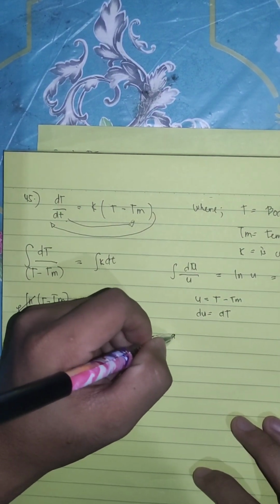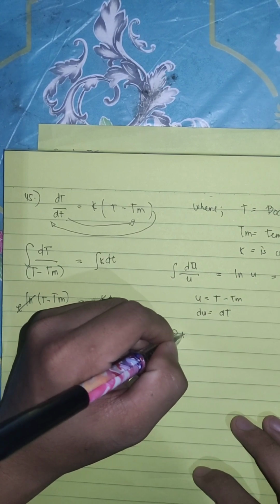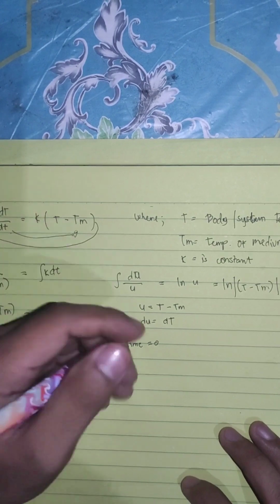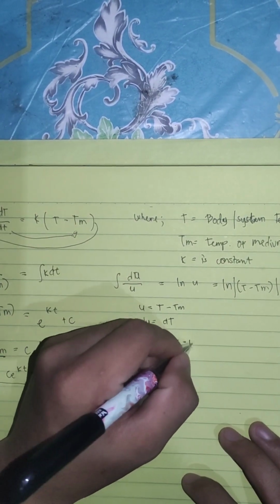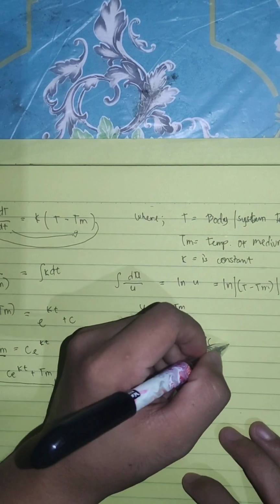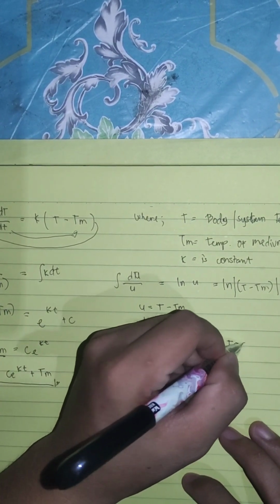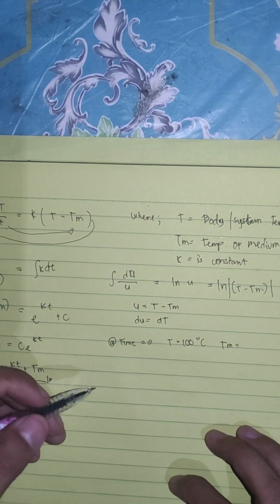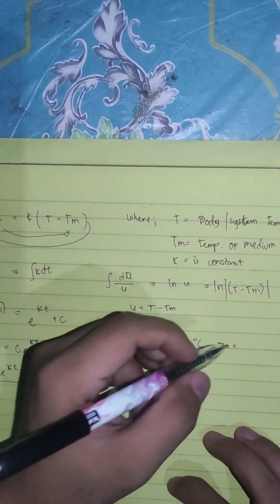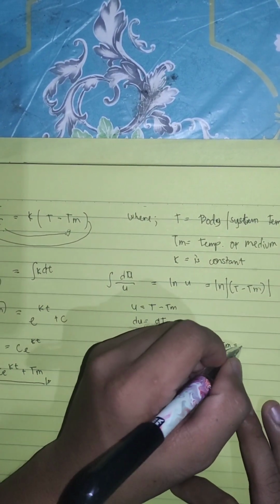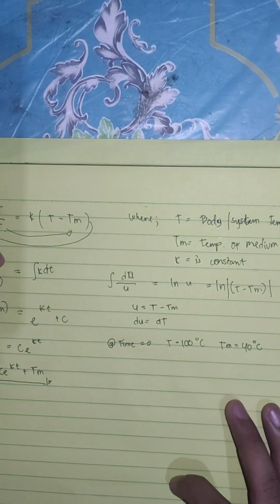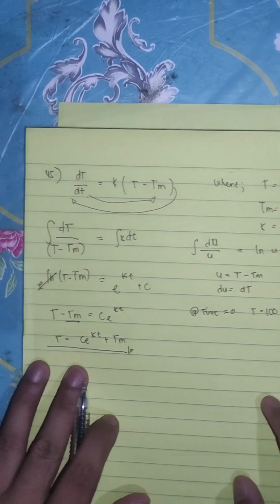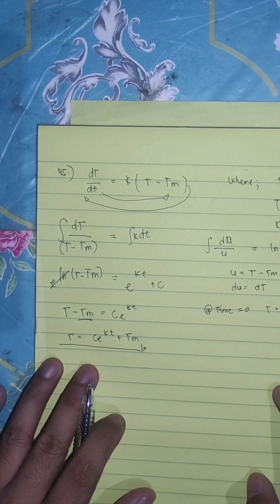So at time equals 0, the T is 100 degrees Celsius, and our Tm, guys, is the temperature of the medium, which is the water, 40 degrees Celsius.